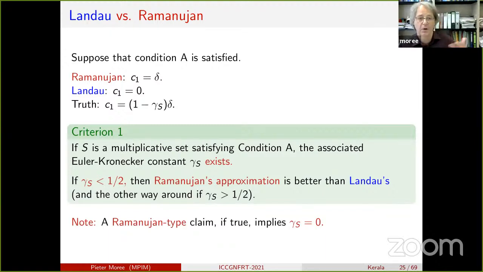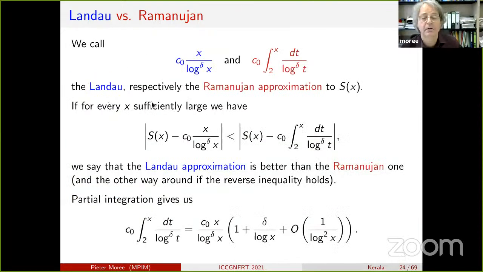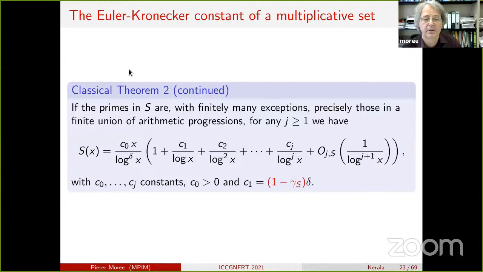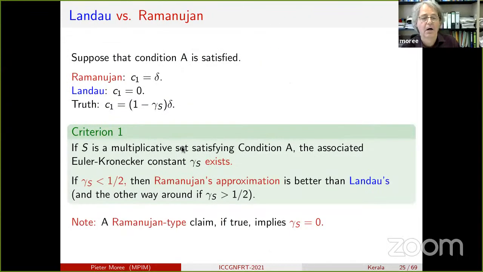Now, if we go back to this condition A, then we can look at what happens to this constant C1. What was C1? That was this constant here. Ramanujan, just by partial integration, would give you delta.